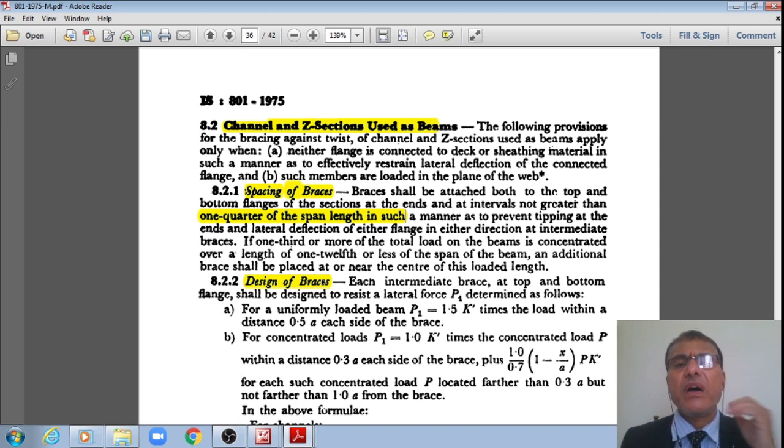If 1/3 or more of the total load on the beams is concentrated over a length of 1/12 or less of the span of the beam, an additional brace shall also be placed near the center of this loaded length, right? That is how the spacing of the bracings.